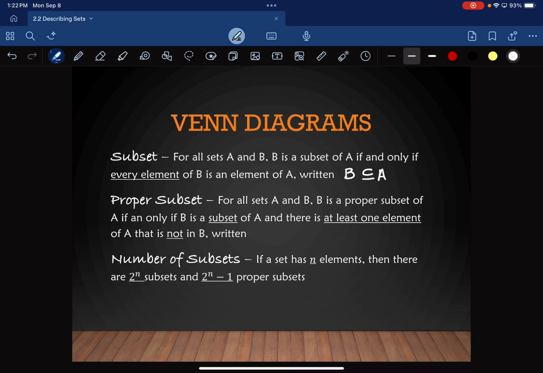Proper is an adjective describing subset, so it has to be a subset first, and there's at least one element of A that is not in B. The way that this is written looks just like that notation before, but it doesn't have the equals underneath it. Literally what that means is that they can't be the same thing. But on the first one, they could be.